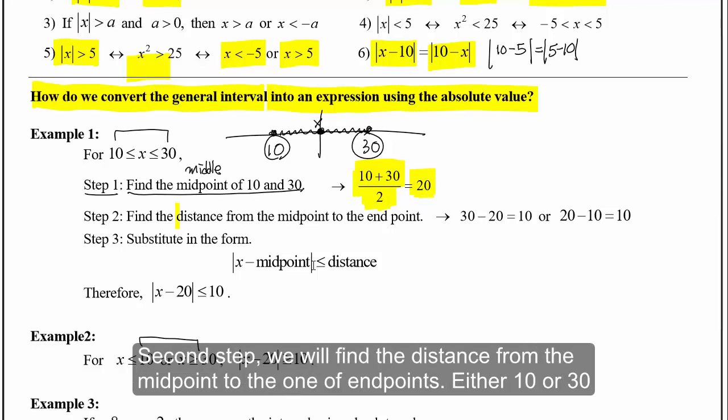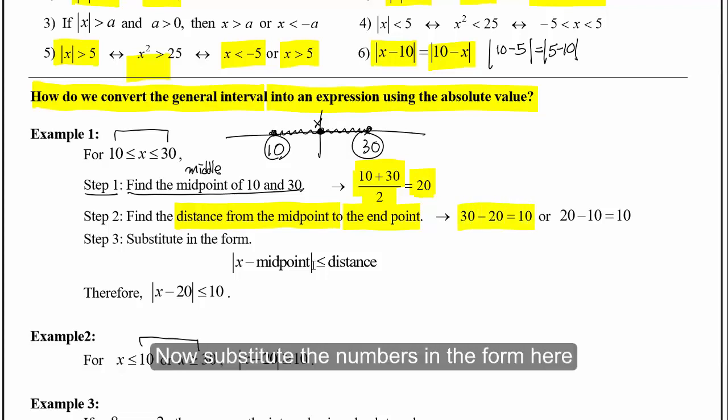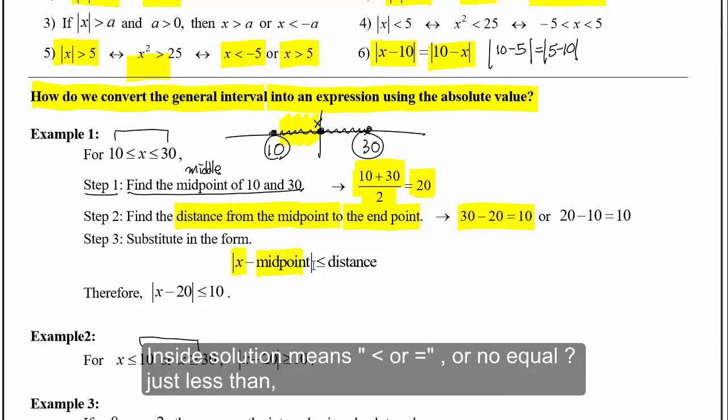That's the midpoint. The second step, we find the distance from the midpoint to one of the endpoints, either 10 or 30 is okay. So 30 minus 20 is 10. That's the distance. Now substitute the numbers in the form here. X minus midpoint.